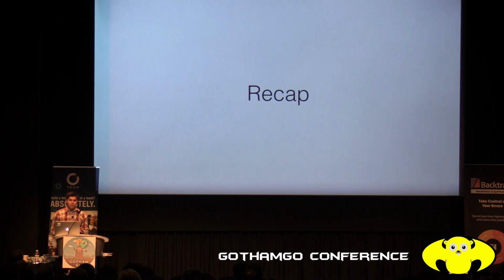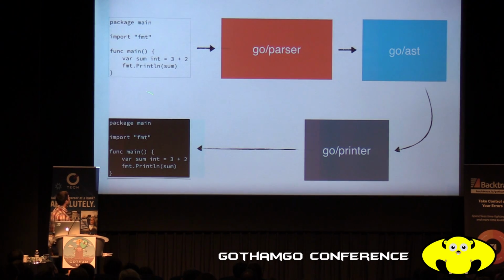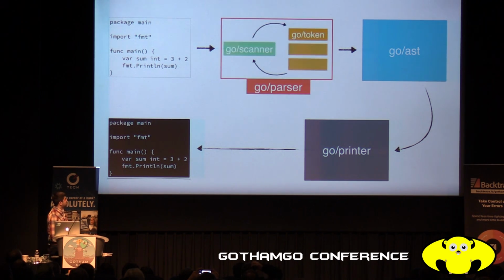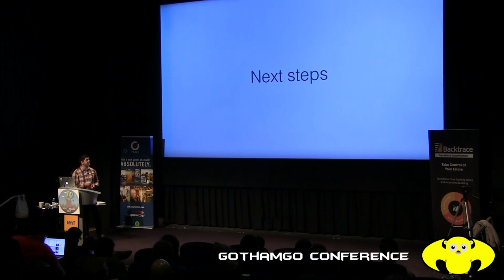So for recap, we have any kind of source, we pass it to the parser, which uses the scanner and the token package inside, but it's not important for us. We get the AST, and then we do some great stuff on it. And then finally, we pass it to the printer, and then the printer prints it back to anywhere, standard output.